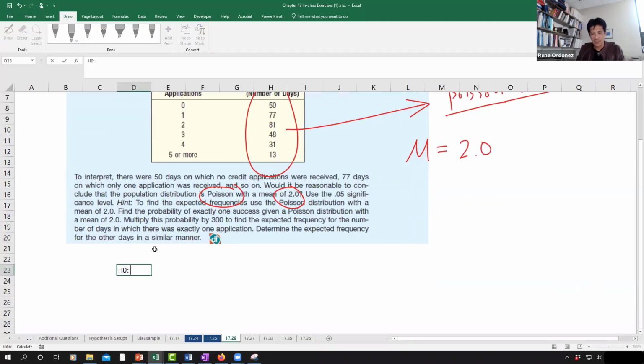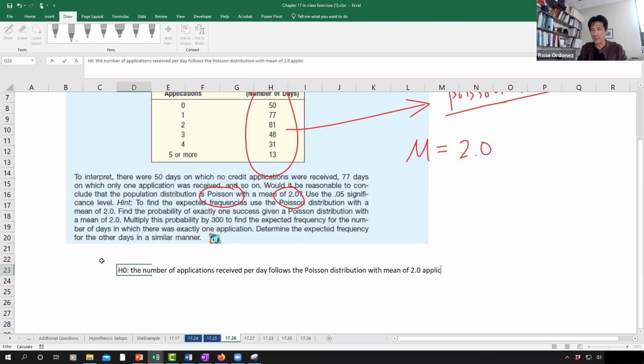H0: the number of applications received per day follows the Poisson distribution with mean of 2 applications.